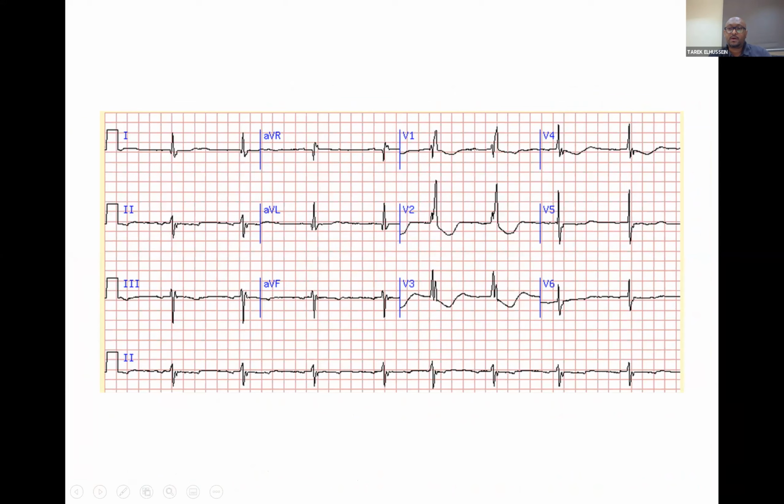Okay, next one, Iman Salim. Yes, this is P wave inversion, not sinus rhythm.